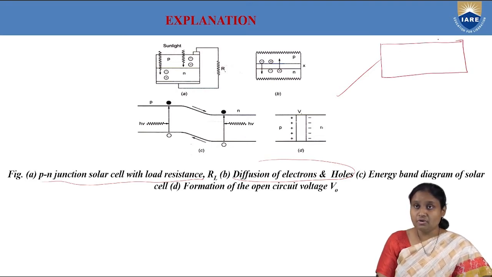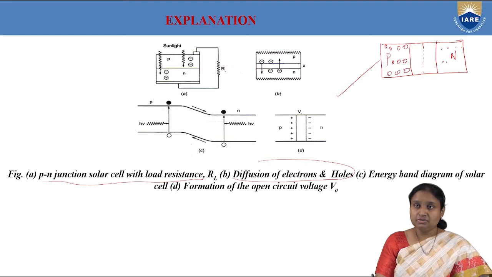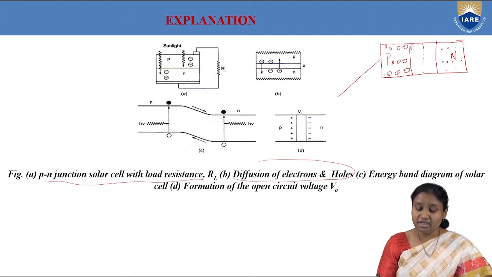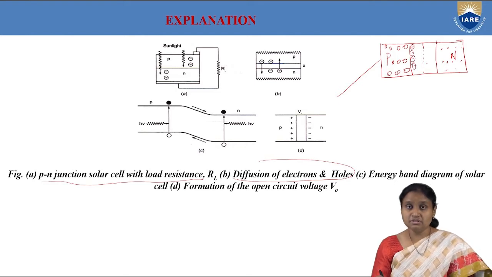So if I try to draw this p-n junction again, of course, this is the junction layer which is separating p-type and n-type. Here we have a lot of holes, and here we have a lot of electrons. As I told you, when electrons from the n side migrate to the p side, they are going to lose their energy to holes there, and they form immobile negative ions.